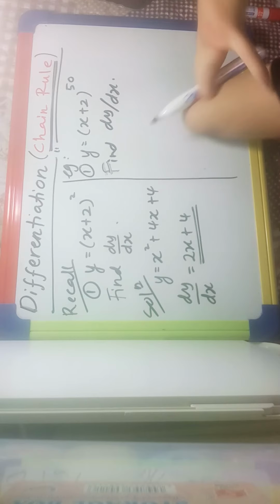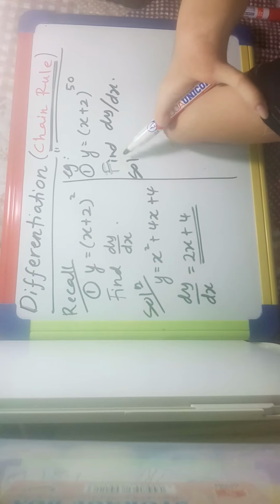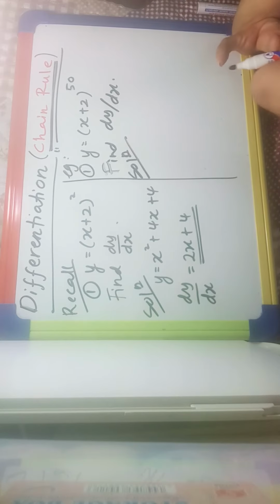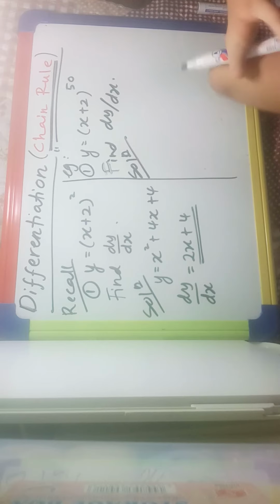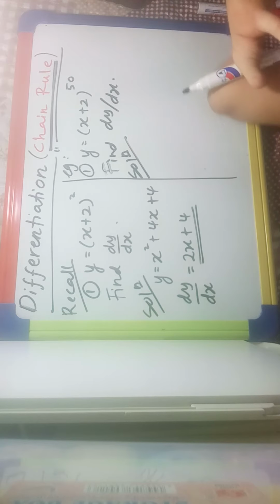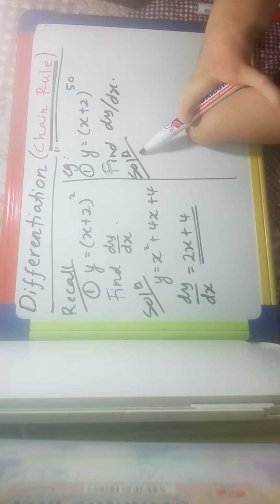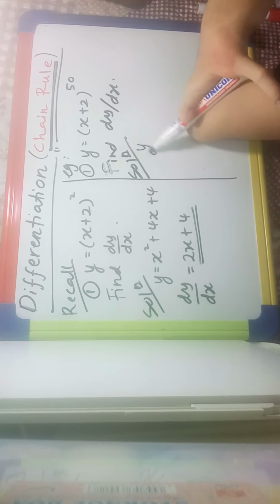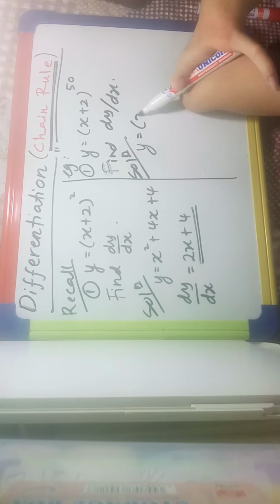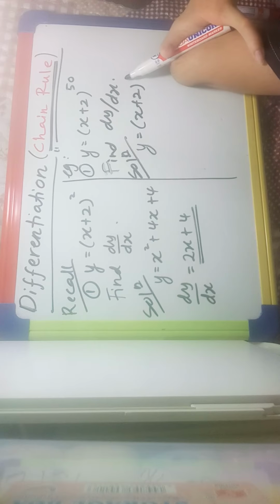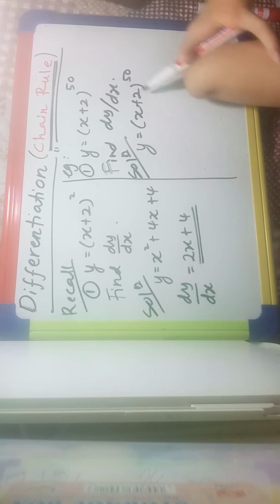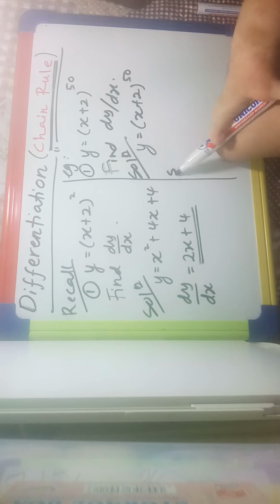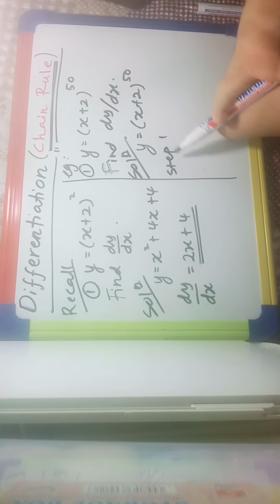How is the chain rule applicable here? Before I show you how to apply it, for the chain rule you need to use substitution. Given y equals (x plus 2) to the power of 50, this is the question. Step by step. Step number 1.